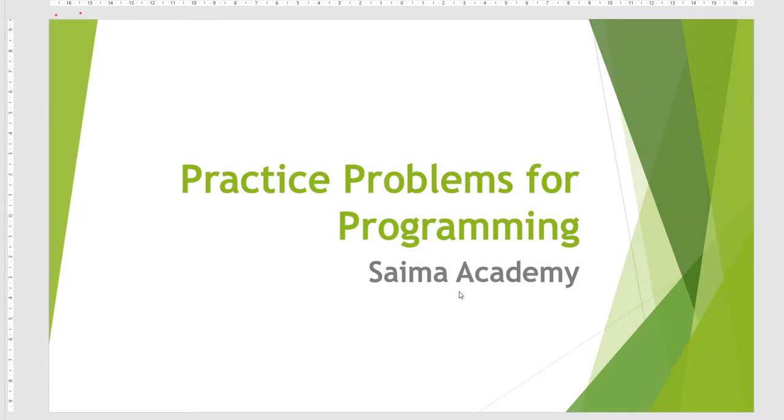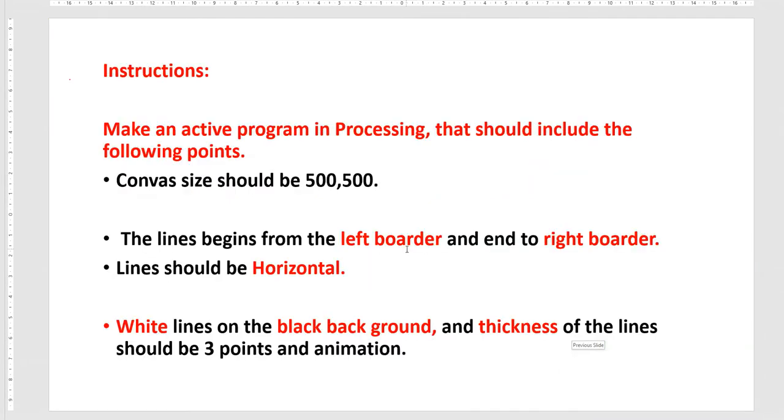In this lesson, we will solve some more practice problems for active processing. So our first scenario is that you have to make an active program in processing that should include the following points. Whenever you see active processing, active program, it means you have to write down two fundamental regions.